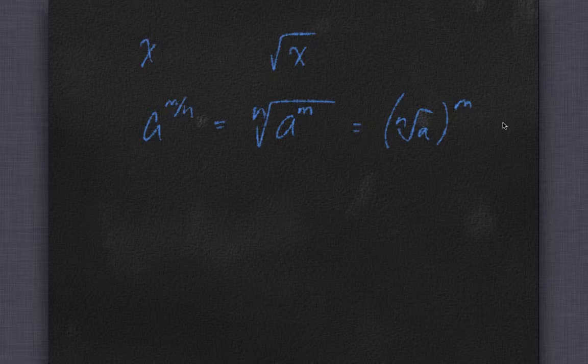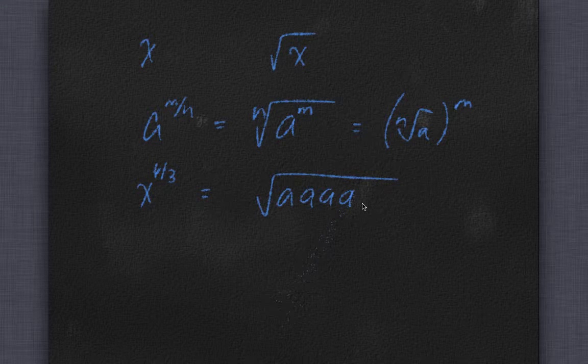Whenever you have a fractional exponent, you can simplify the fraction first. If you have, say, 6 over 3, that really is just squared because you have 6 of them inside. So if I have x to the 6 over 3, then I have 6 a's, and I'm taking a cube root.